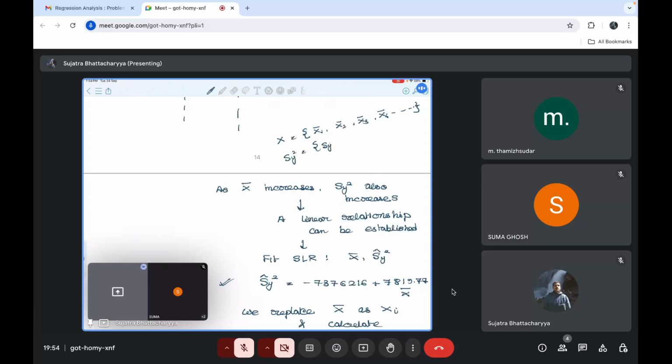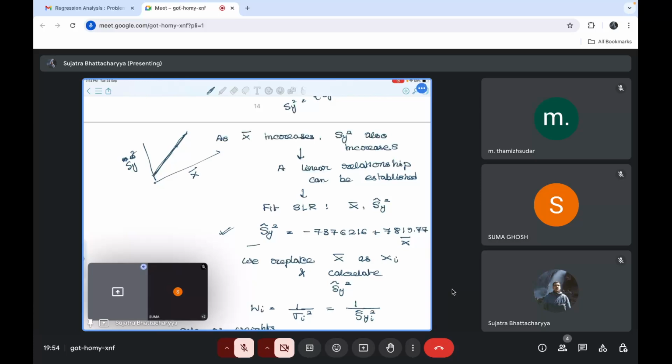So it will be sy1, sy2, and so on. Okay. And based on that, you fit a graph. So this will be sy hat square or sy square, whatever you want to write. So this is your x bar. Based on that, you will get a fit. This is a fitted line. This fitted line is written here.